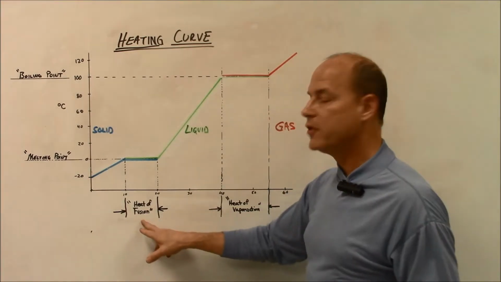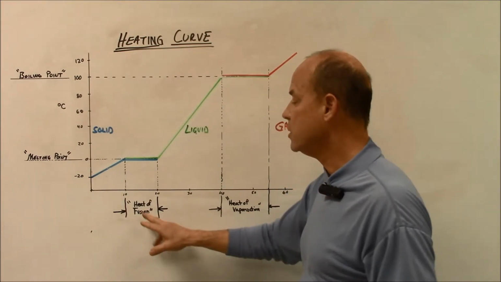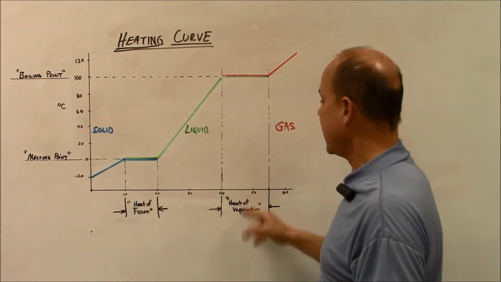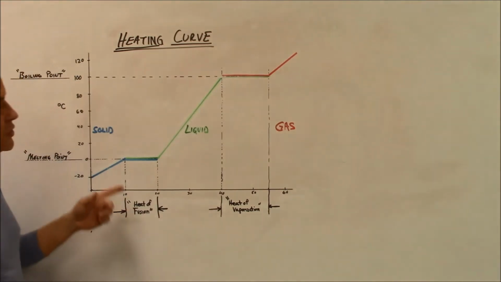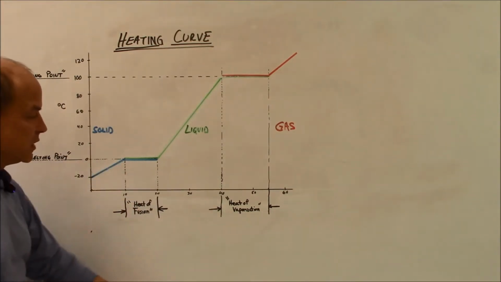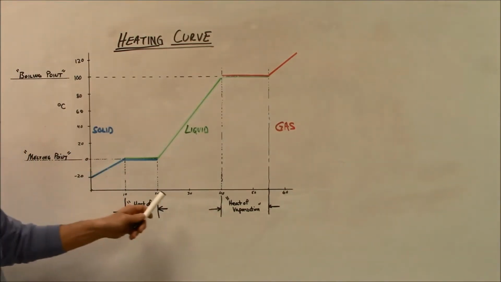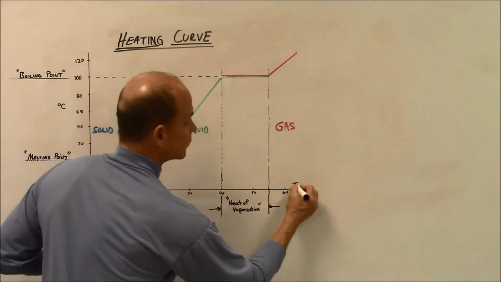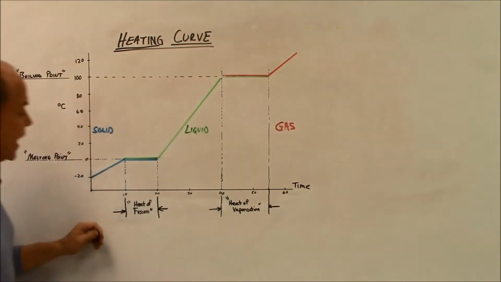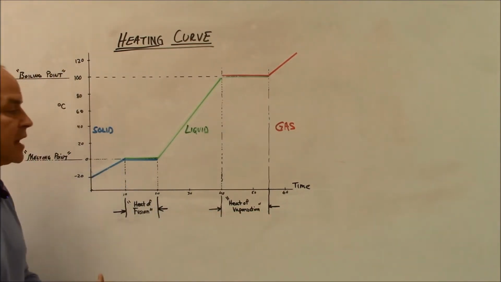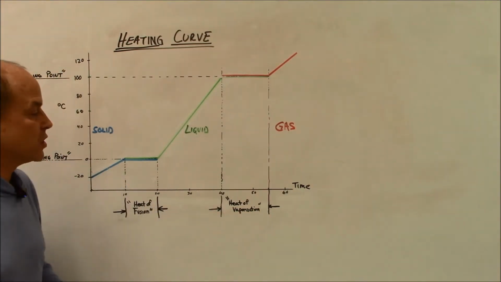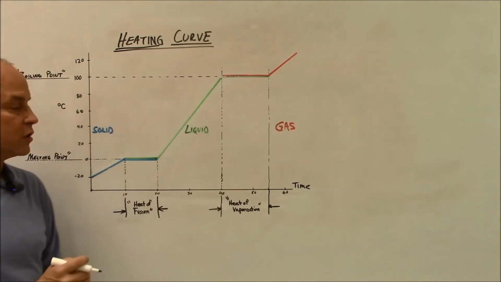Now there's a couple of other terms that you need to know: the heat of fusion and the heat of vaporization. I told you that this graph was a graph of temperature versus time. I've got from 0 to 60 minutes, and that's when I did this experiment in the class period. We had about an hour to do this, so we tried to plot out this whole graph.